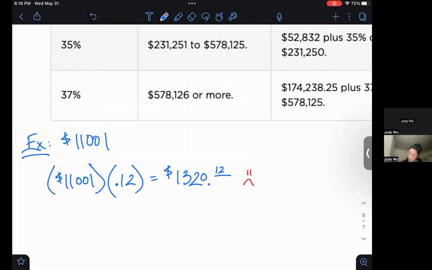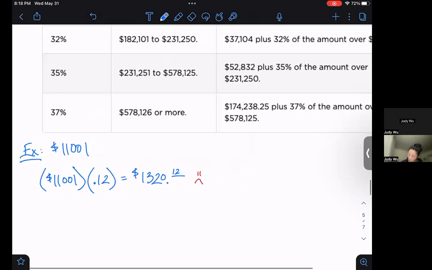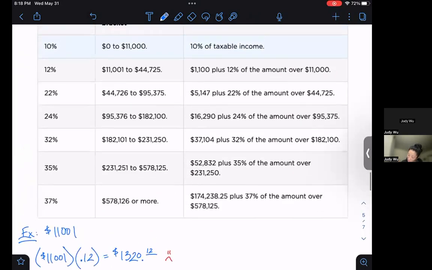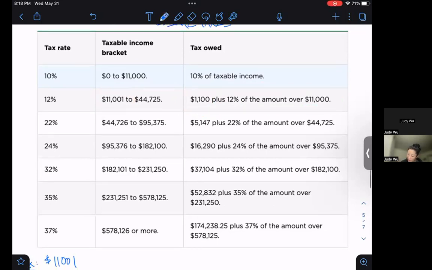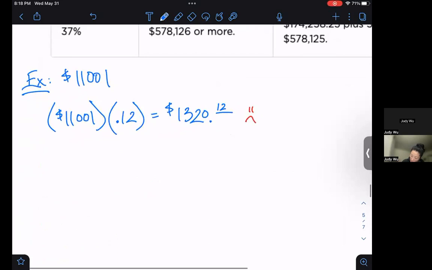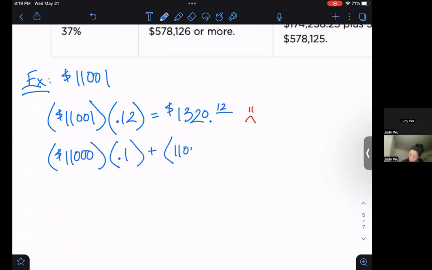Okay. Let's go back up and read what the chart says a little bit more carefully. The chart here says if I make $11,001, I pay $1,100 plus 12% of the remaining. So really, what I'm doing is I'm taking 11,000 times 0.1 plus the difference.